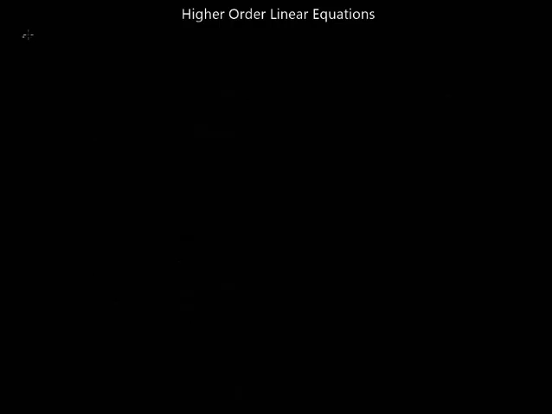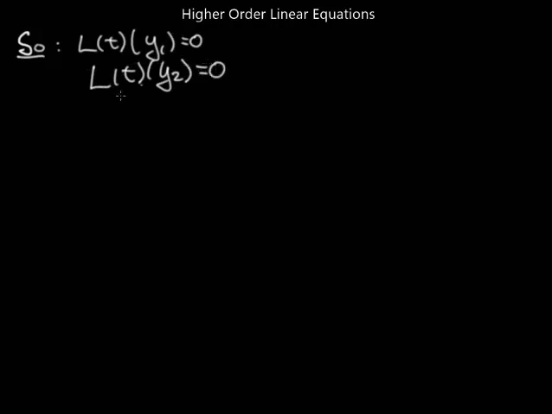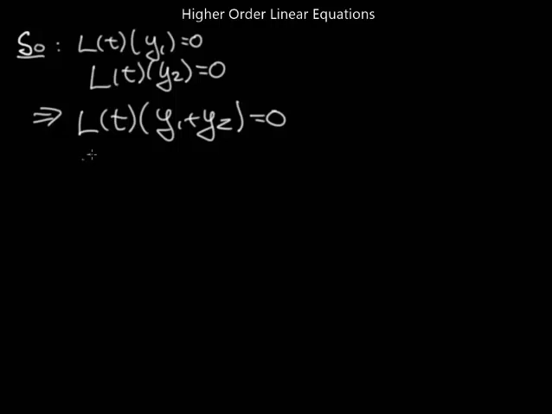Okay, so here's the conclusion. Suppose I have two solutions of my equation, y1 and y2. Well, I just saw that L of t applied to y1 plus y2 is 0, but you can also throw in constants by linearity, and you conclude that L of t applied to c times y1 plus d times y2 is equal to 0 for any c and d.